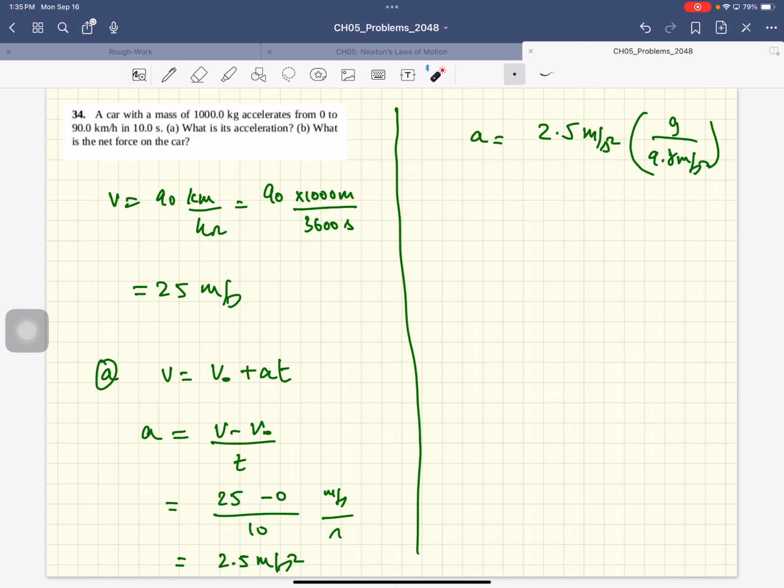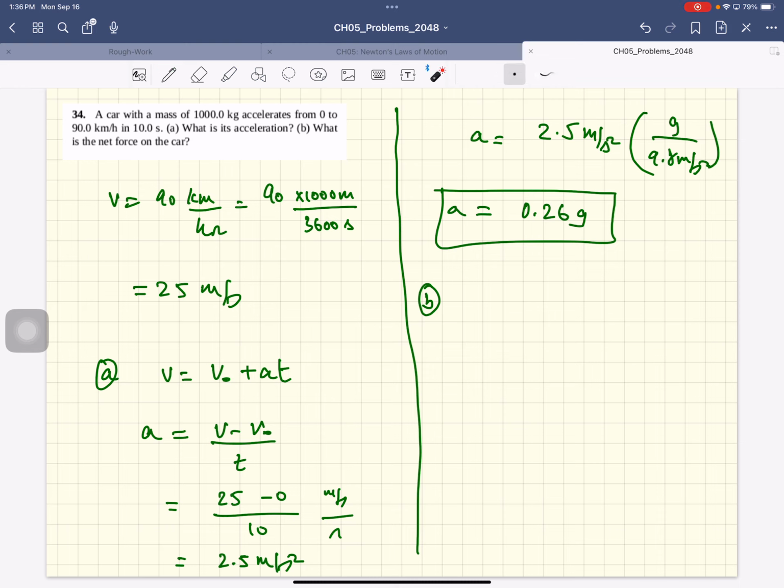This will cancel, and 2.5 divided by 9.8 is about 0.26 g. You'll see in a second why I've done that.